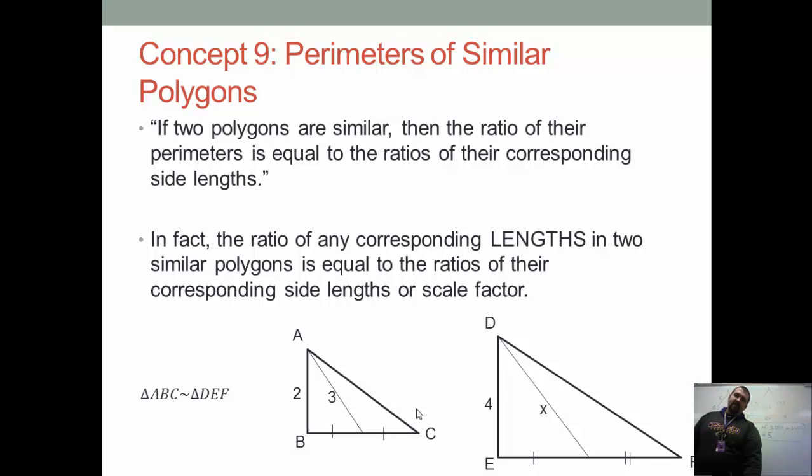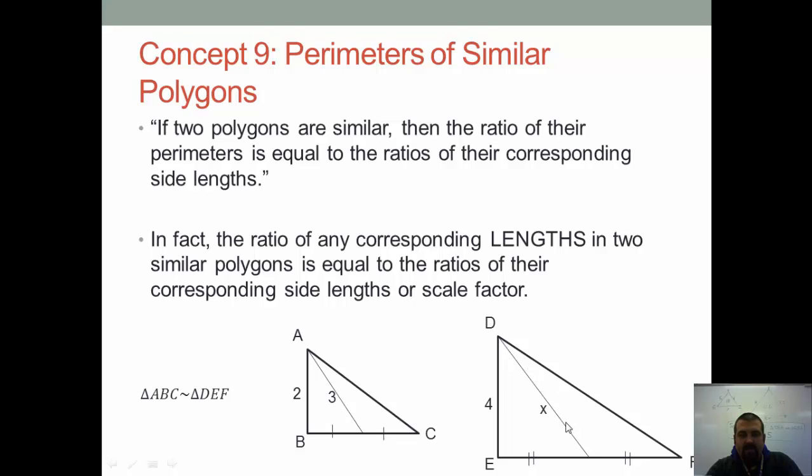So, if I look at the picture here on my PowerPoint, I am told that triangle ABC is similar to triangle DEF. Well, if I look at these sides here, it's a 2 to 4 ratio. That means this length here from A, I didn't put a point down here, but this segment here, the median, because it goes from the vertex to the midpoint, is 3.